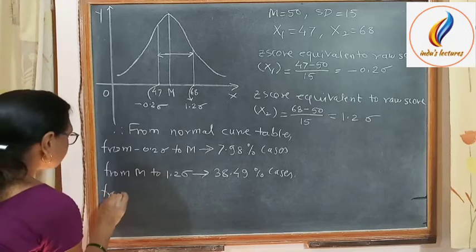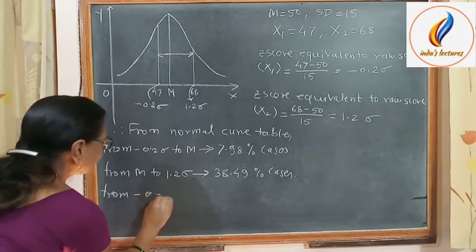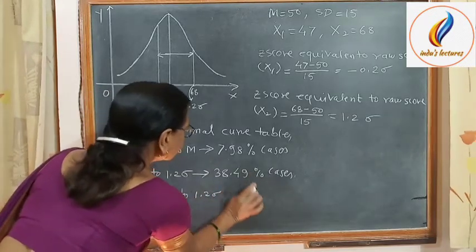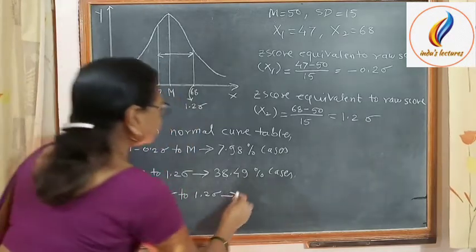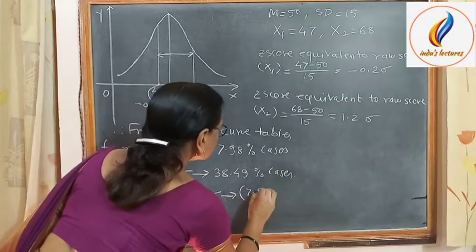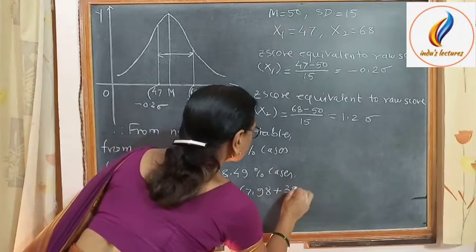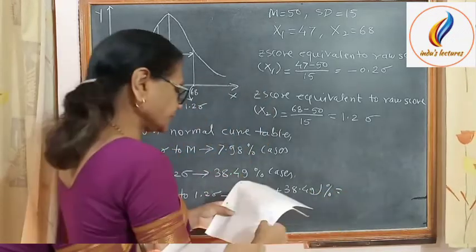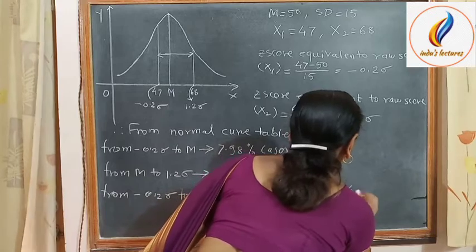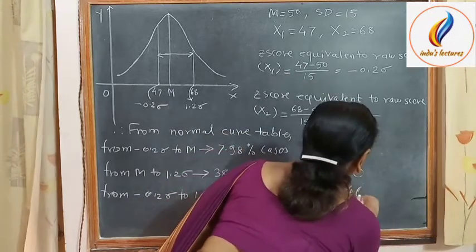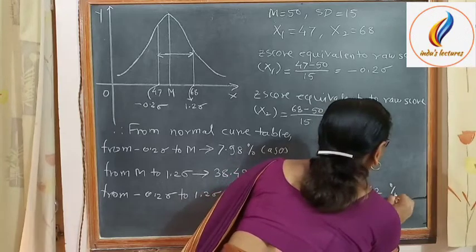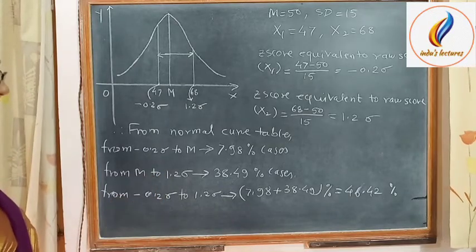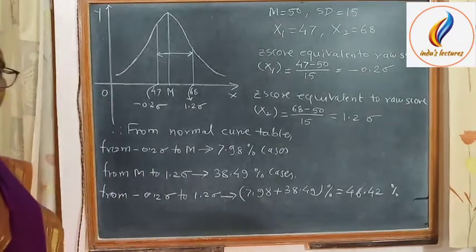From minus 0.2 sigma to 1.2 sigma, the percentage of cases is 7.98 plus 38.49%, which is equal to 46.47%. That means between the scores 47 and 68, a total of 46.47% cases lie.